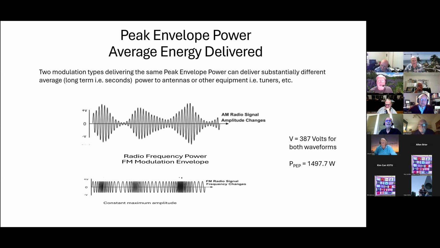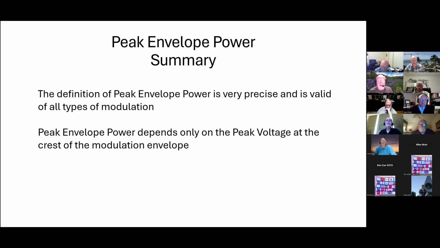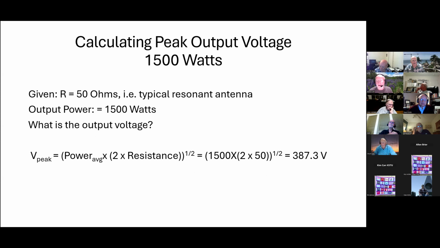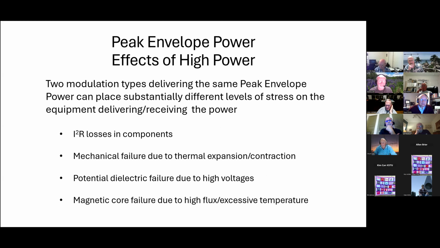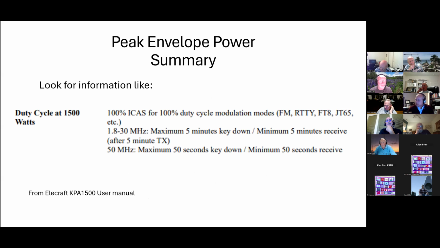That's why I talked a little bit about the voltage level involved, to calculate that: 387 volts. And if you have reflected power, it's even higher than that. When I was building those surge arresters, I had to choose what voltage rating to get for the gas tube in them.